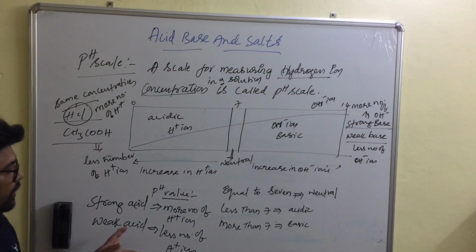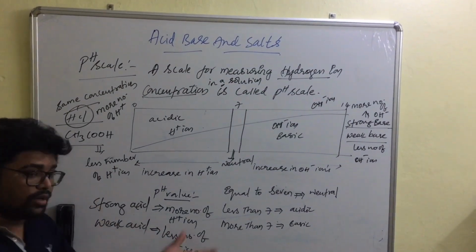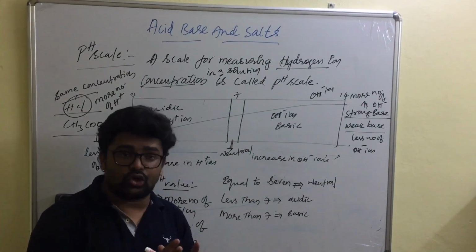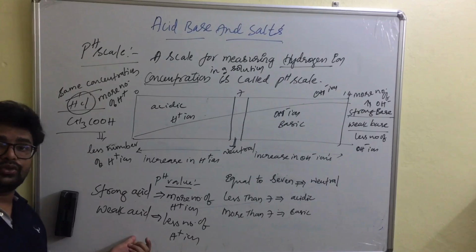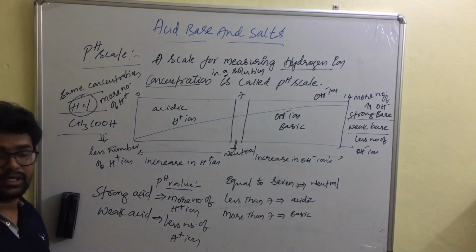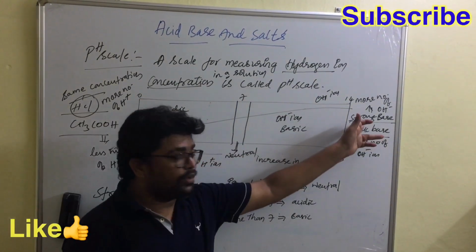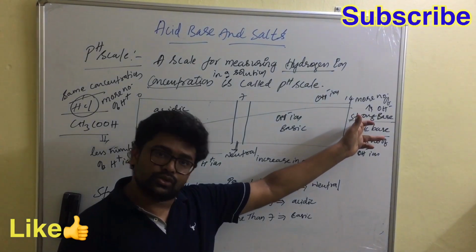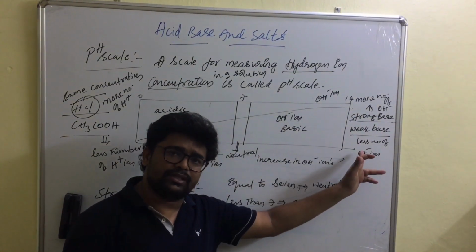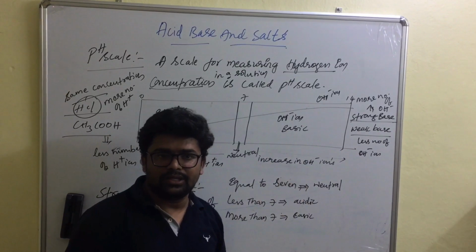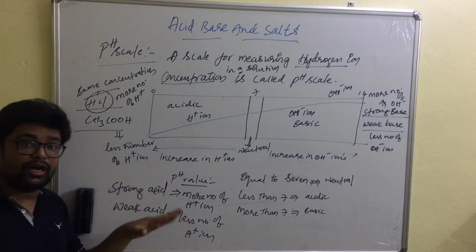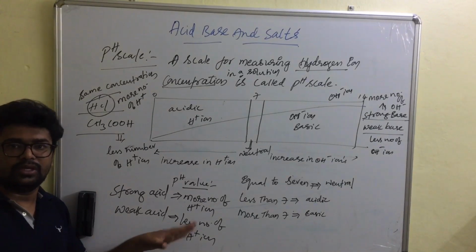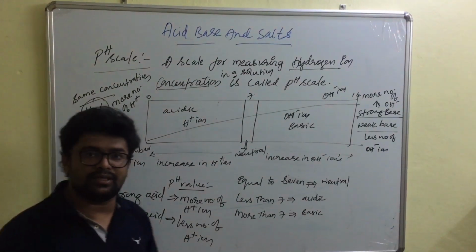It's very clear, I think. ज़्यादा number of H+ ions अगर होते हैं तो strong acid बोलना चाहिए. Less number of H+ ions अगर होते हैं तो weak acid कहना चाहिए. More number of OH- ions अगर होते हैं तो strong base. Less number of OH- ions अगर होते हैं तो weak base. So based on the number of H+ and OH- ions, we decide the strength of acids and bases.